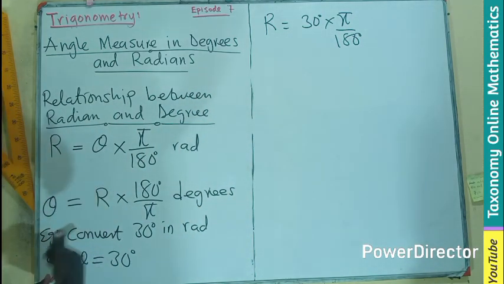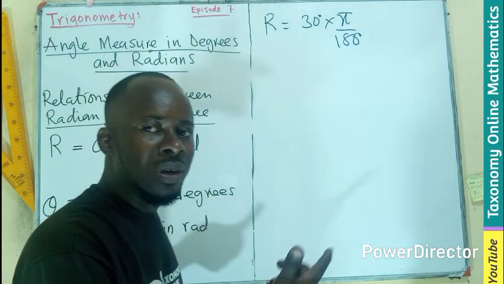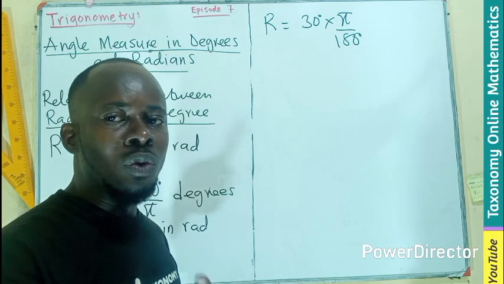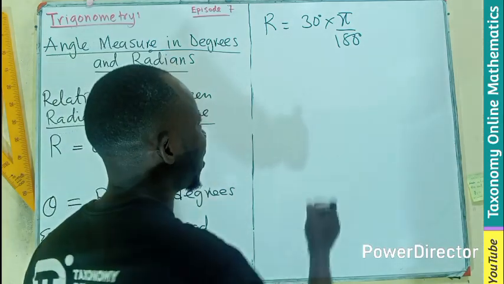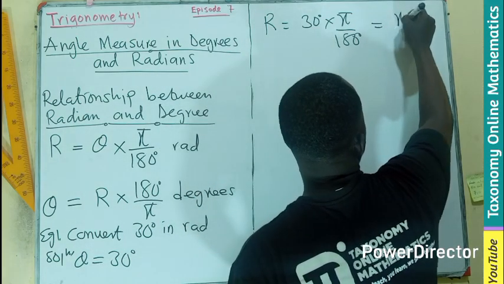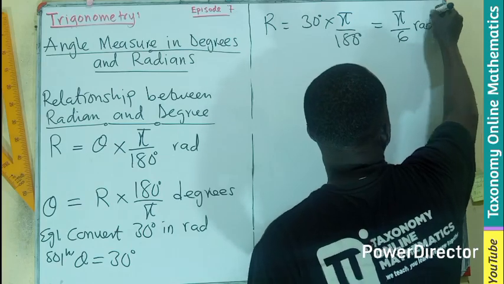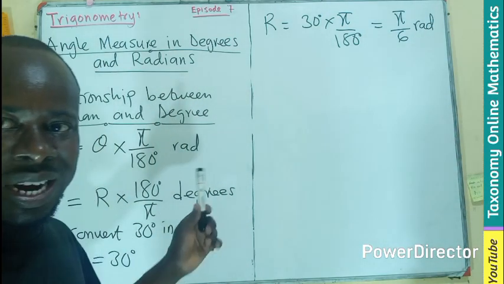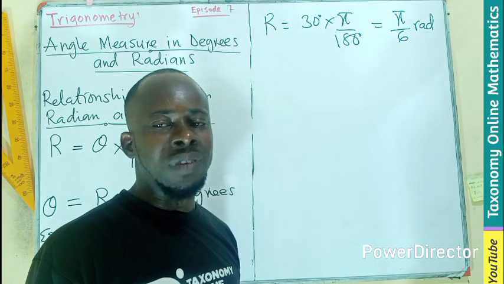If you don't want to, we can still go back to the first instance we made. If 1 degree is pi on 180, then 30 of them by multiplication, you get your answer. So this is going to be pi on 6, which will be in radian. So the value of 30 degrees in radian is pi on 6.